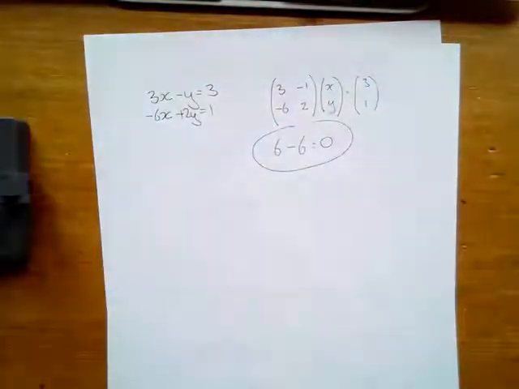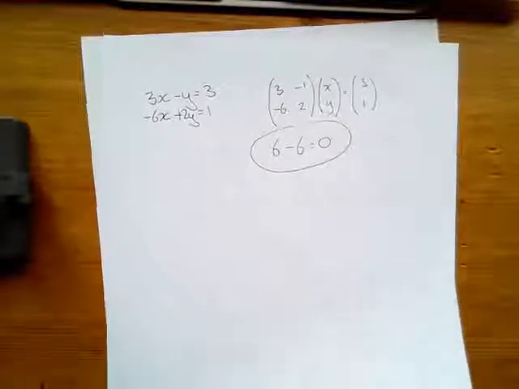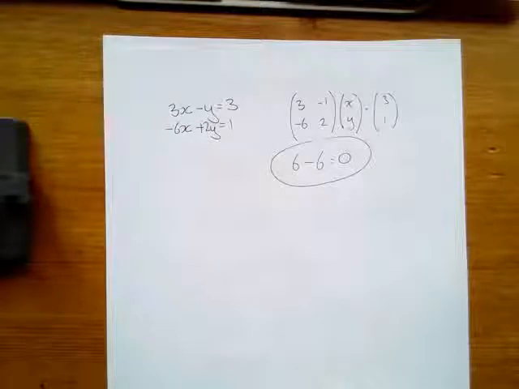So again, I get the same problem that the determinant is 0, therefore I can't use that matrix method of finding the solution. And the reason is that this time there are actually no solutions at all. This is the third case.